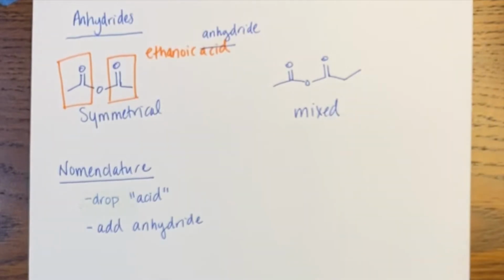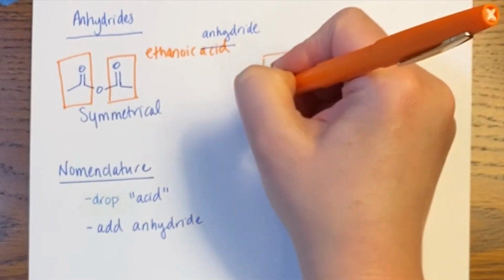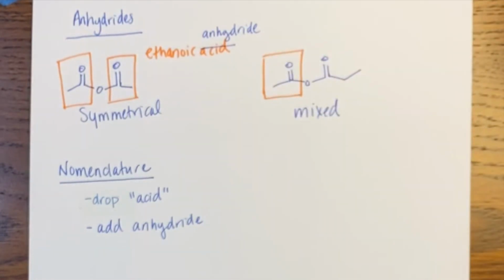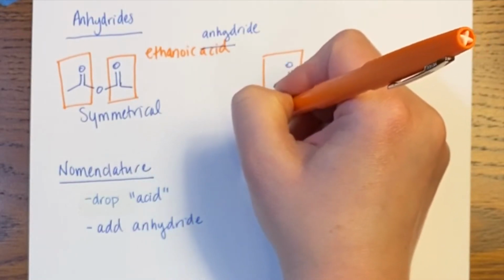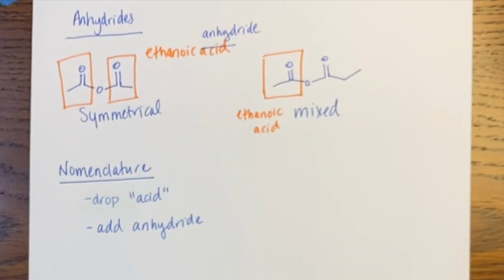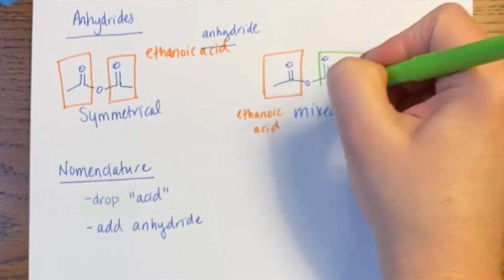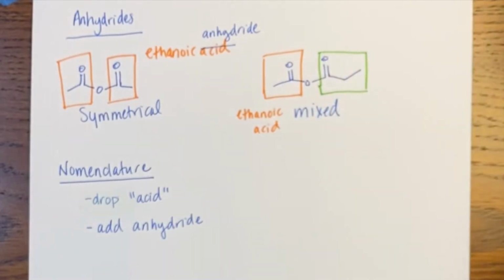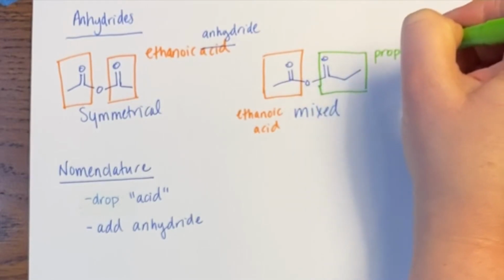When it comes to this compound here, now we have two different carboxylic acid parents. This one here, if it were a carboxylic acid, would be ethanoic acid. And if this one were a carboxylic acid, we have 3 carbons, so this would be propanoic acid.